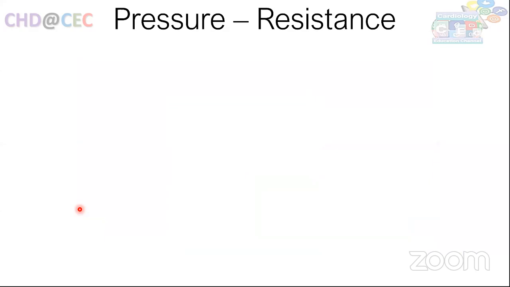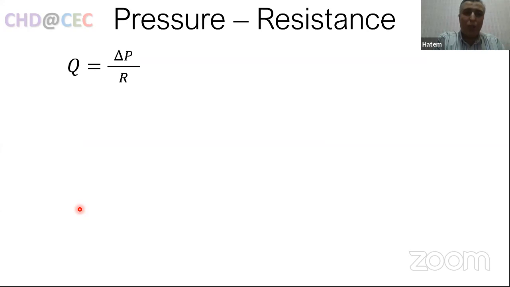So we've agreed that the pulmonary flow is equal to the systemic flow. Then the flow of any circulation is equal to the pressure gradient across that circulation divided by the vascular resistance in that circulation.